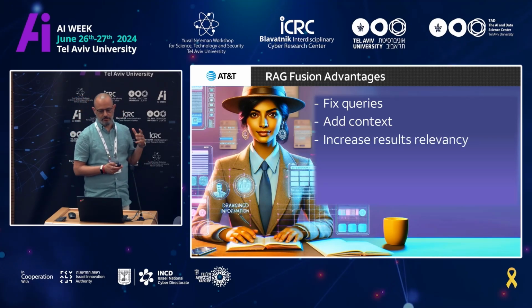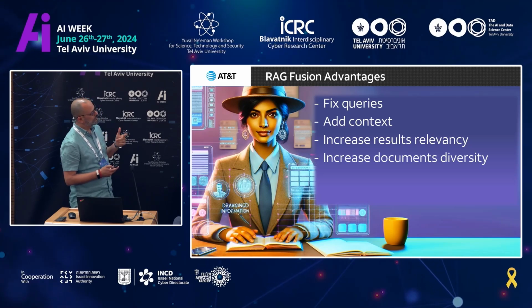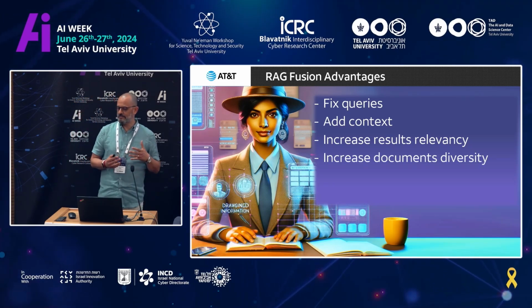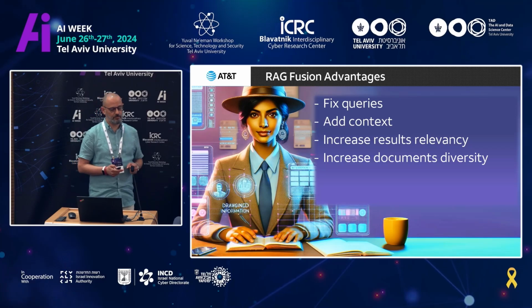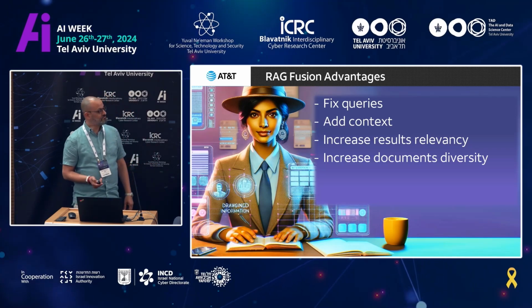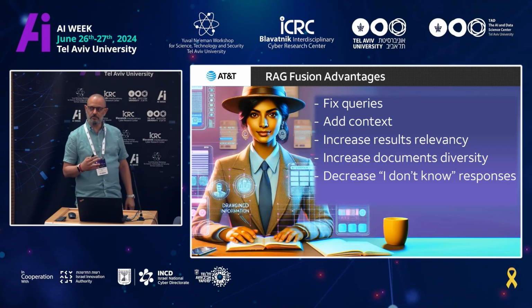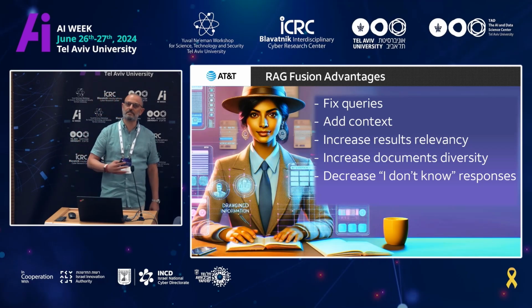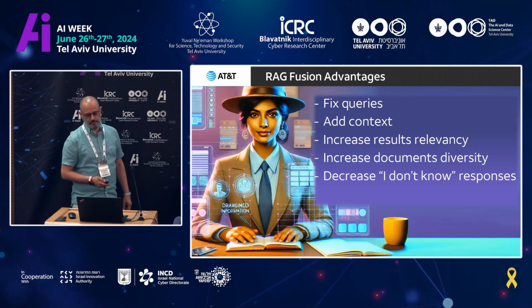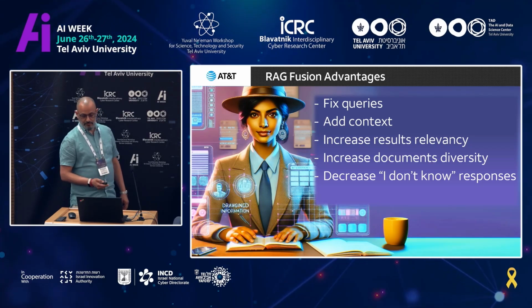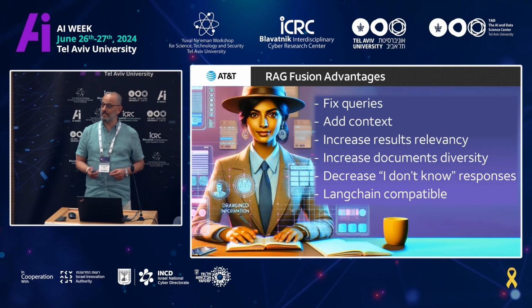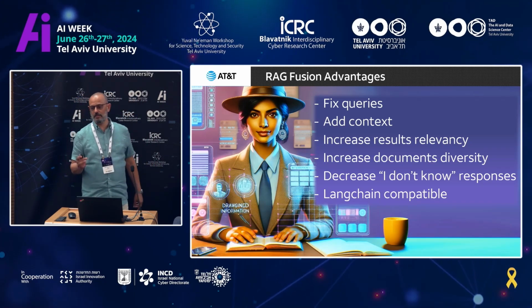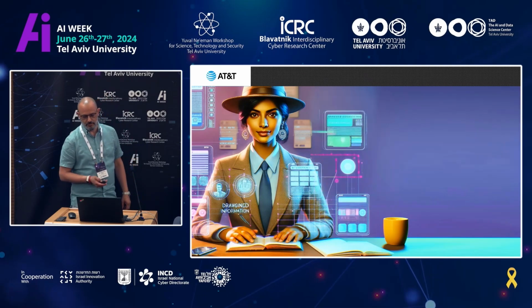By drawing information from diverse documents, it provides holistic and well-organized answers that align, as I said earlier, with multiple aspects of the original query. And for some reason, it also seems to reduce the frequency of I don't know responses that everyone that dealt with RAG experiences. Finally, there's also an easy way to implement RAG Fusion with LangChain, but that's beyond our scope today, and probably you'll tell me to hurry up if I try.